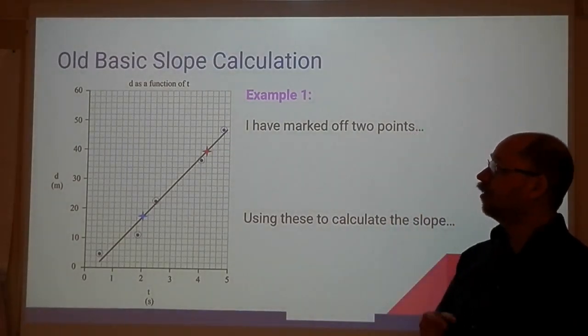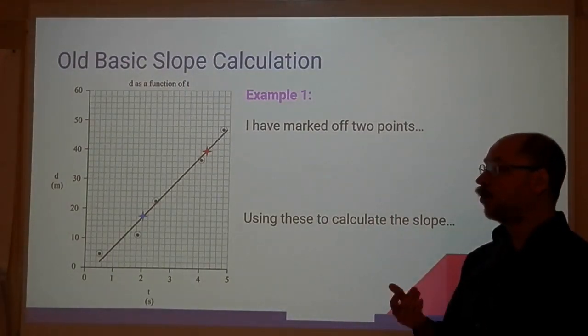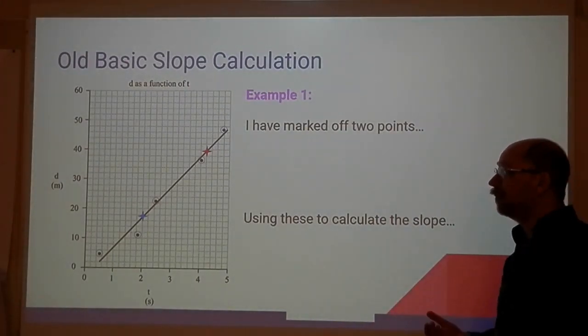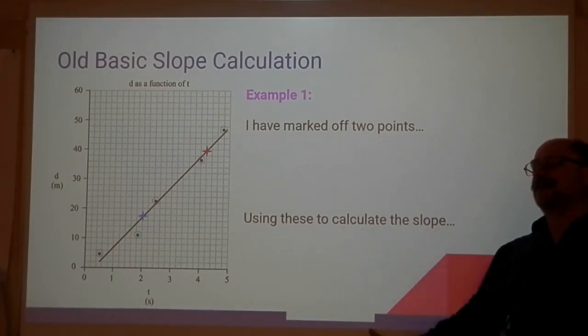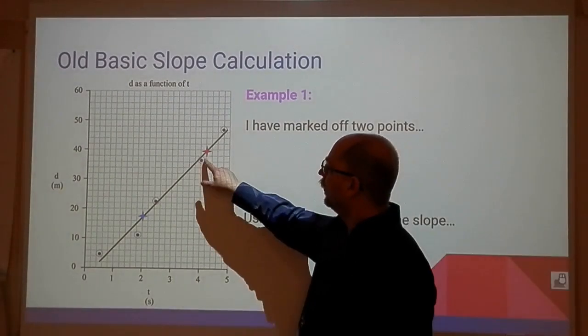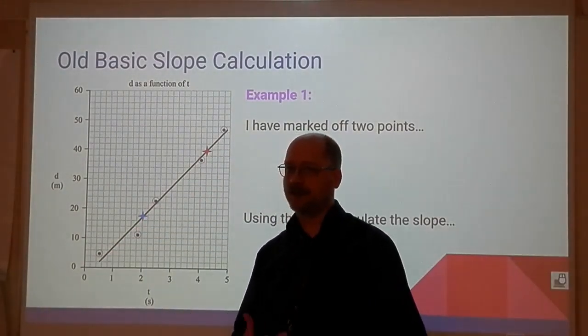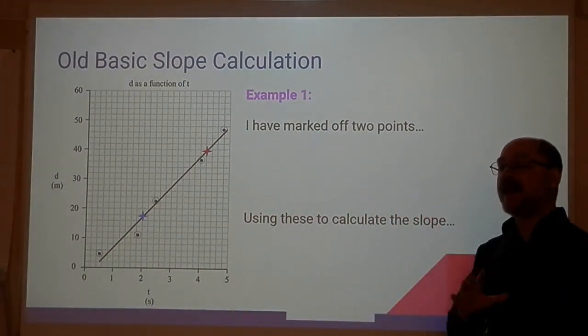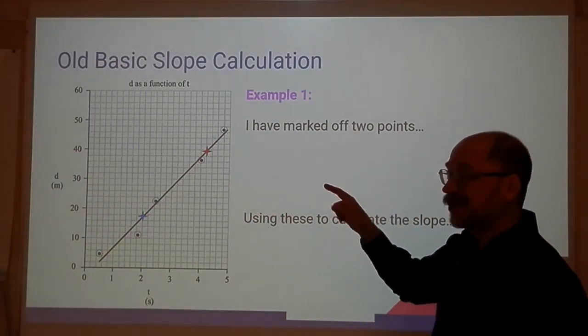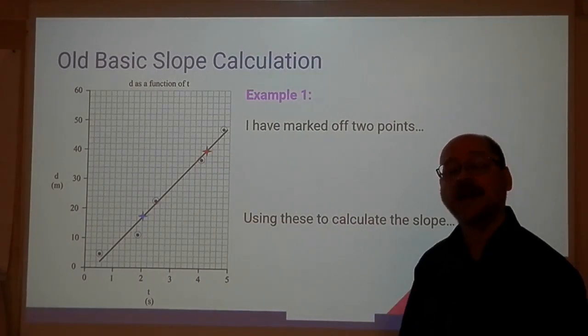But that is, again, part of one of the problems that we have, is quite often when people get to the next step of, oh, I want to calculate the slope of that line, they just go ahead and keep using these data points, a couple of them, to do their slope. You can't do that. The data points are not on your line of best fit. And you know what?